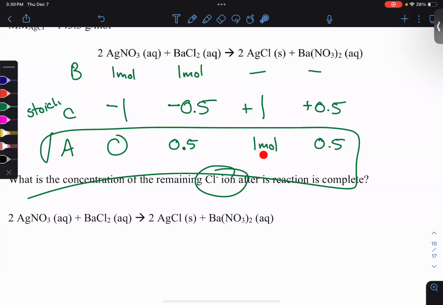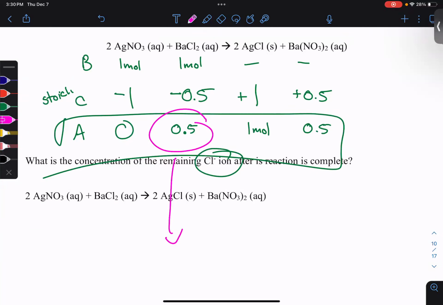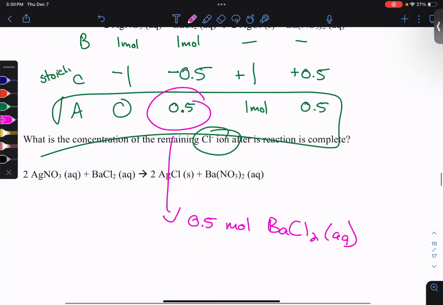It's a solid sunken at the bottom, and then barium nitrate does not have any chloride. So all of the chloride is actually coming from barium chloride. If I have 0.5 moles of barium chloride in this solution, it's a strong electrolyte. How much chloride do I actually have? How much chloride is there?